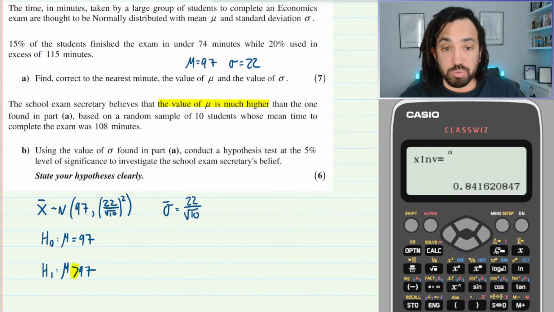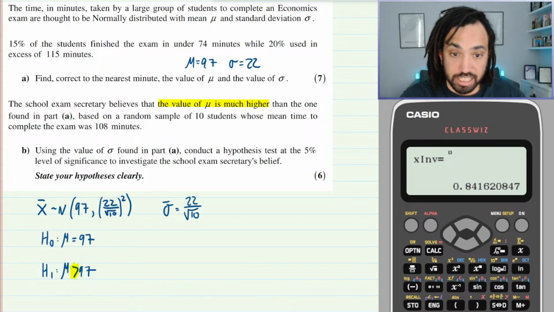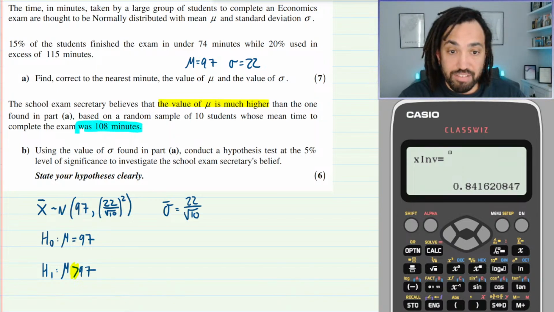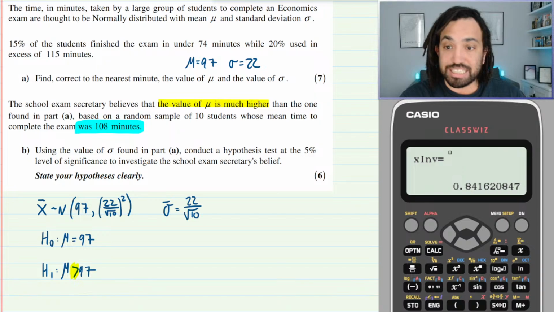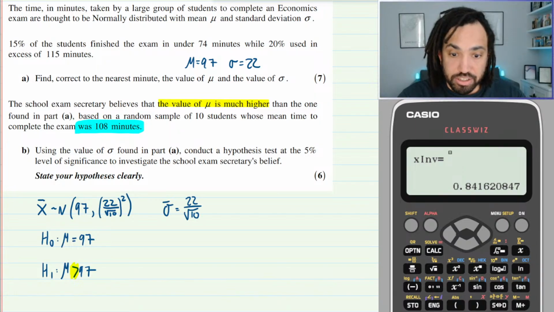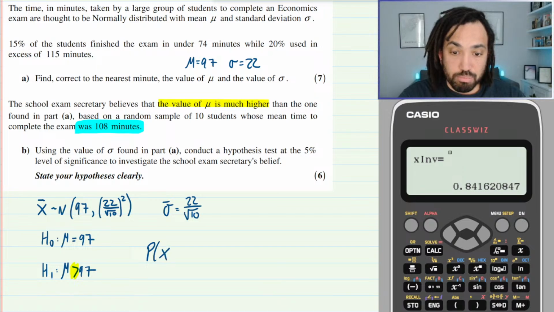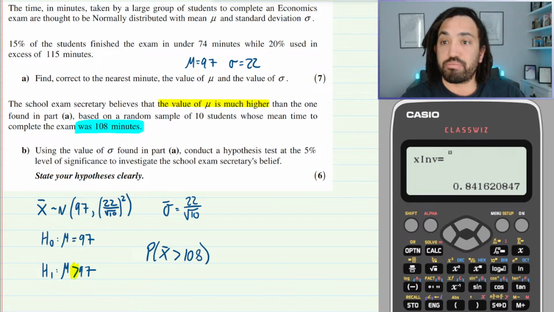Now what we need to do is test the test statistic. So the information that we got given was that the mean time was 108 minutes. So we need to find the probability that X bar is greater than 108 minutes.